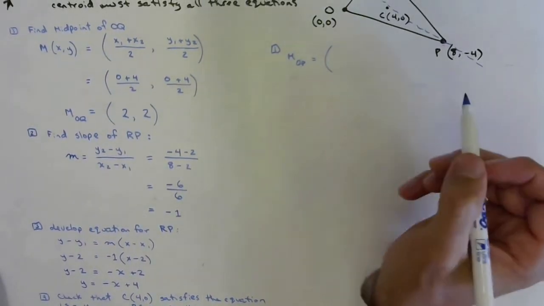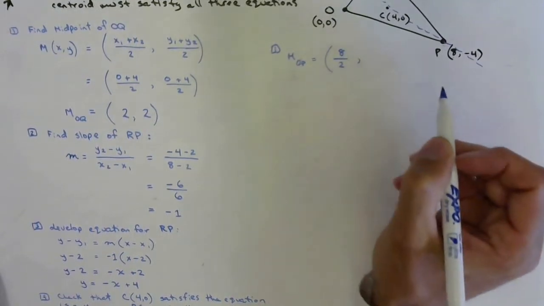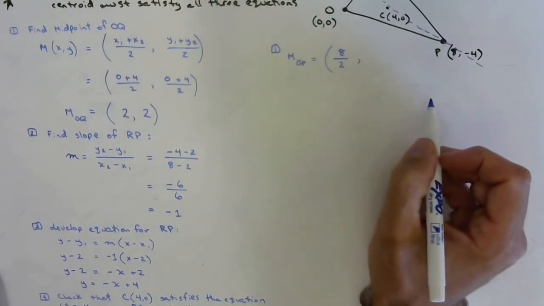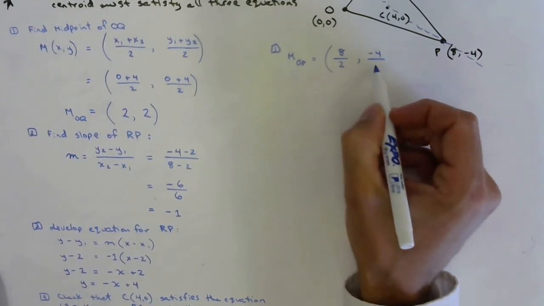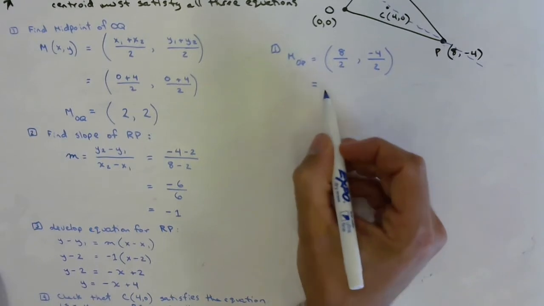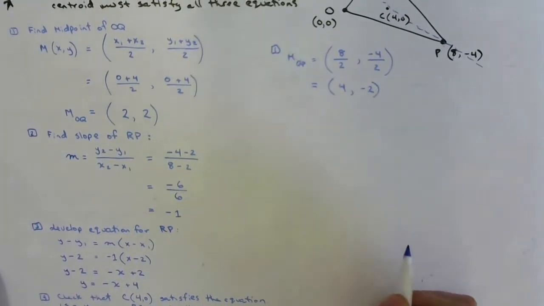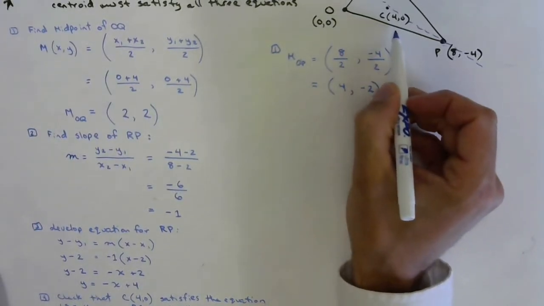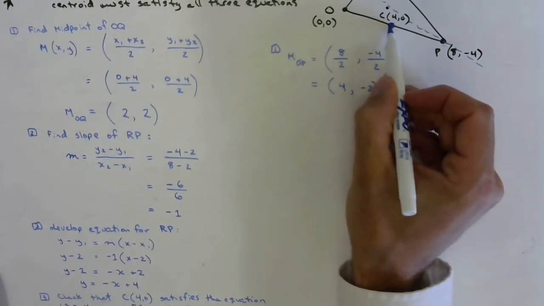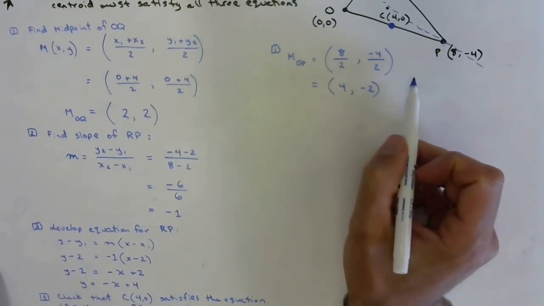We've got the average of our x coordinates. That's going to be 8 plus 0 over 2. The average of the y coordinates is going to be negative 4 plus 0 over 2. I can simplify that. I get the point 4, negative 2. That's going to be right about here. Just a quick little hope you can start noticing this.